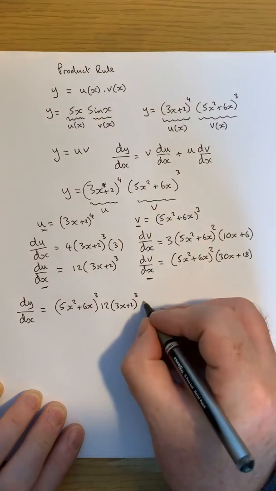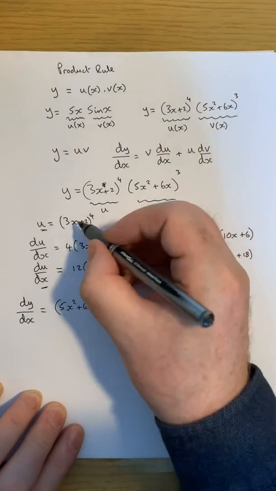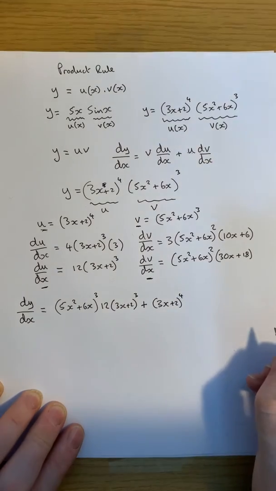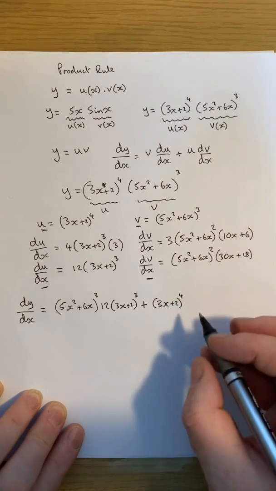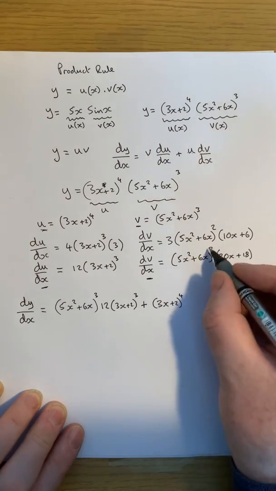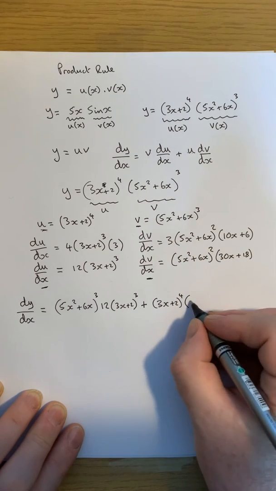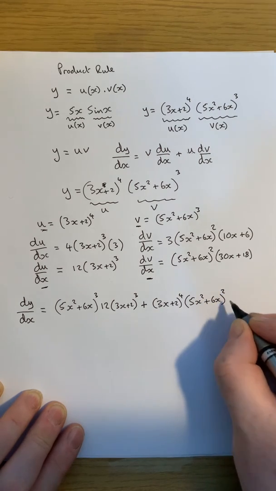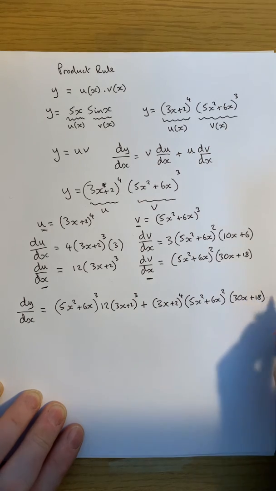We then put in our plus sign and we look now at our u term. So u is (3x plus 2) to the power of 4. So u times dv by dx, and dv by dx is (5x squared plus 6x) to the power of 2 on (30x plus 18).